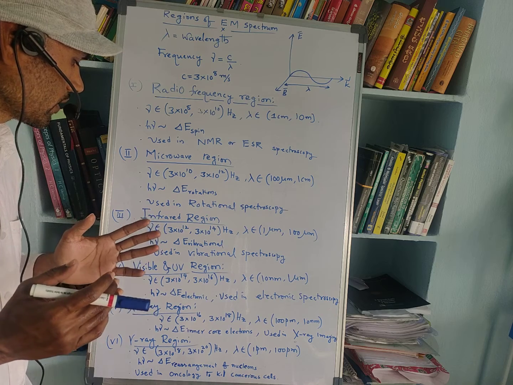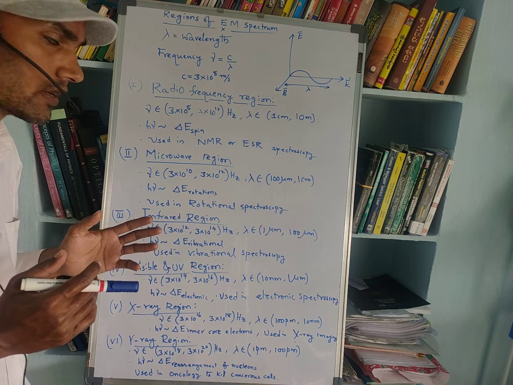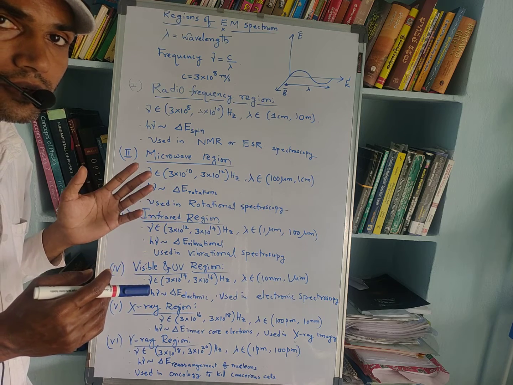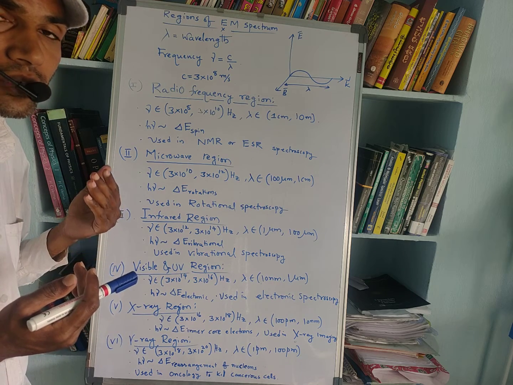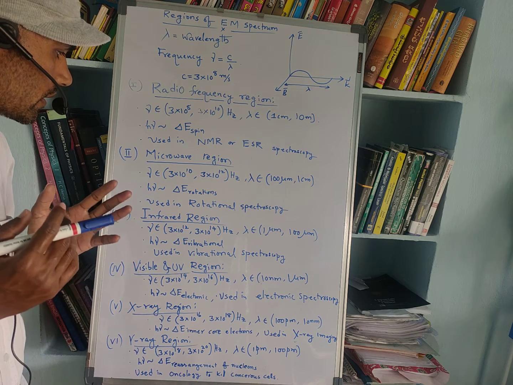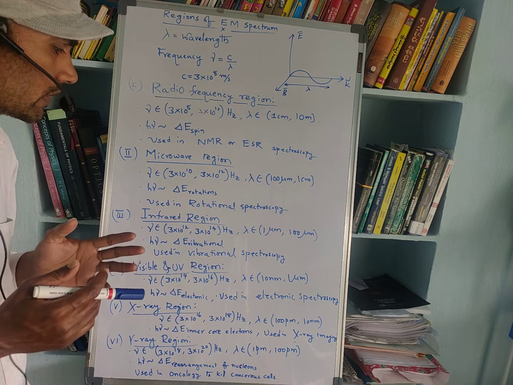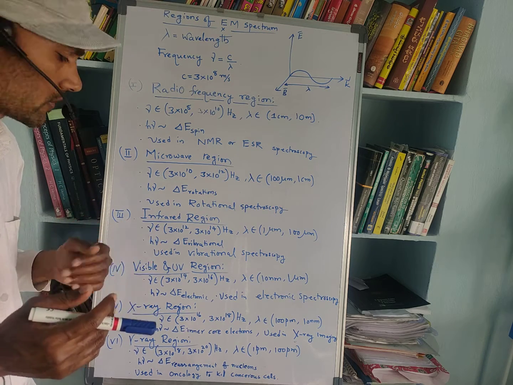And the energy of the photons of this region will be of the order of the change of energy of a molecule because of its rotations. And this region of radiation can be used to study the rotational spectroscopy of molecules.